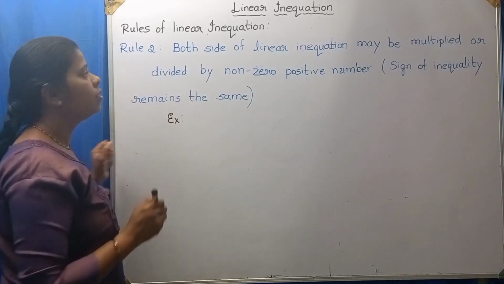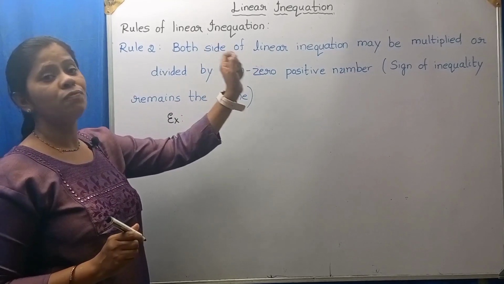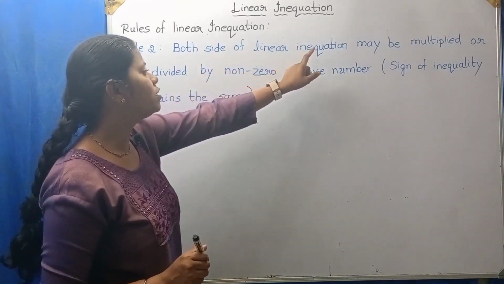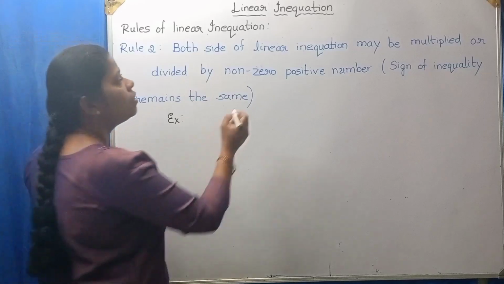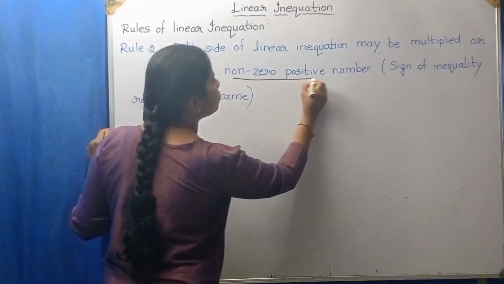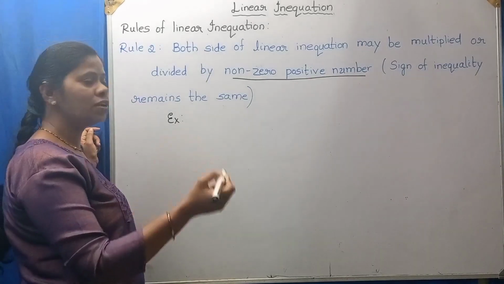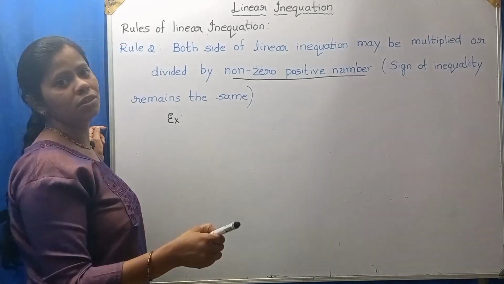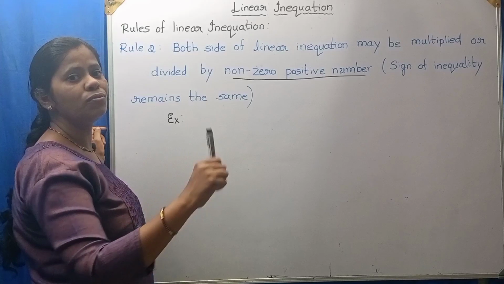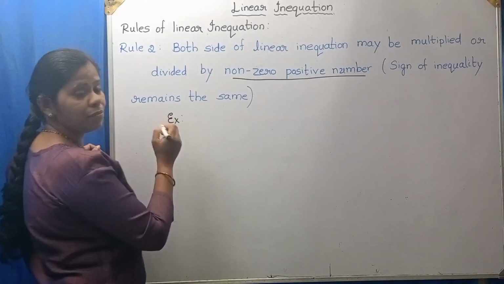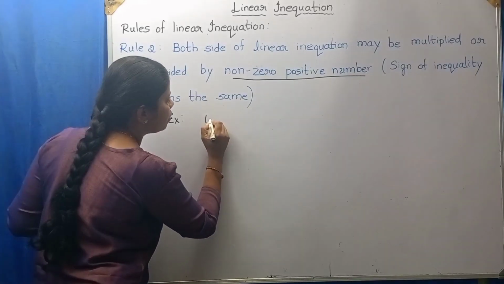See here, in this rule, each word is very important. Non-zero means what? Except 0, we can use any positive numbers, that is 1, 2, 3, 4, etc.